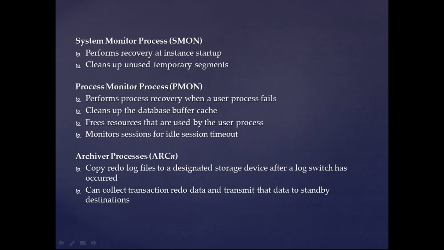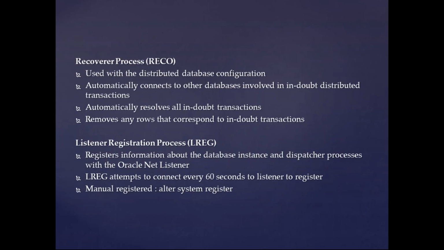So these are all the major processes which we have covered. One is the recoverer process, which is the recovery process. One recovery done by SMON is crash recovery. If the instance crashes or the machine crashes, that recovery is done automatically by Oracle. Another case is storage crashes.